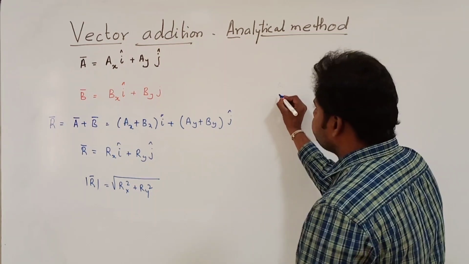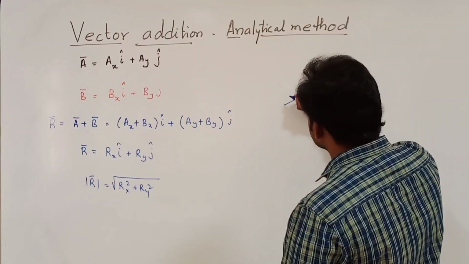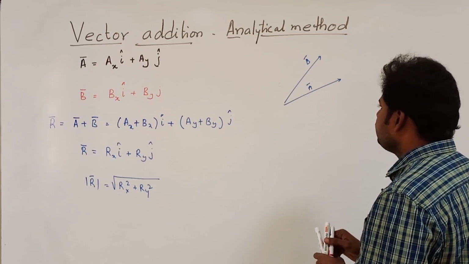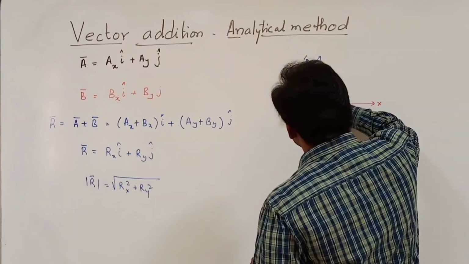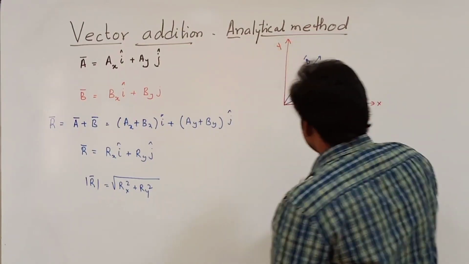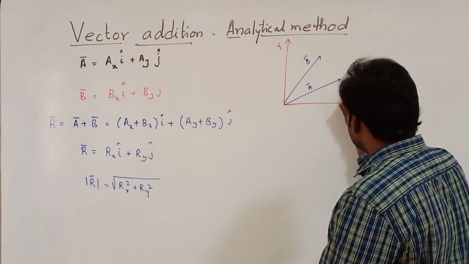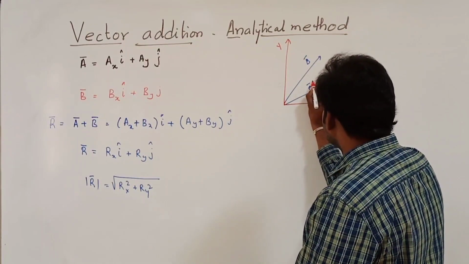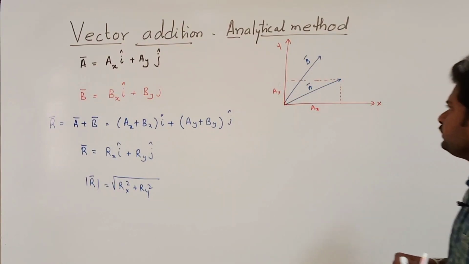Now the same thing in graphical representation. Let's say vector A is there and vector B is there. This is the x-axis, this is the y-axis. I am not mentioning any angles from the x-axis and y-axis. But how do I write this one? Simply, this is called the Ax component, and this is called the Ay component.